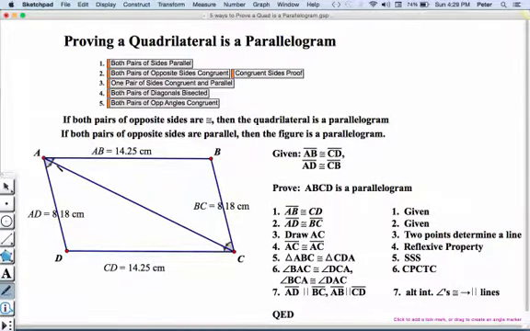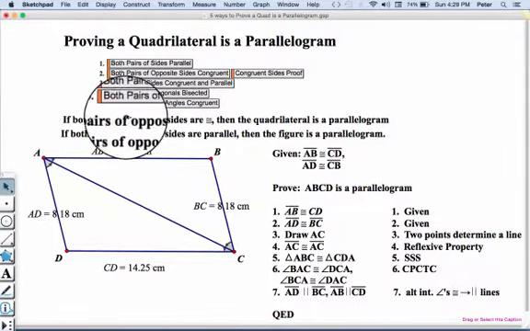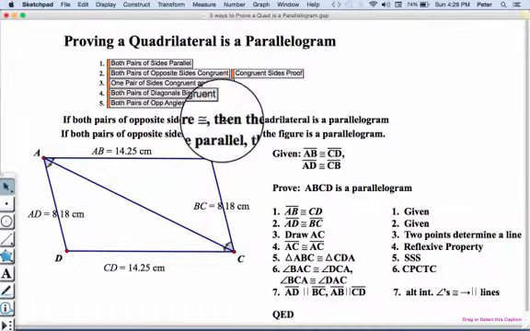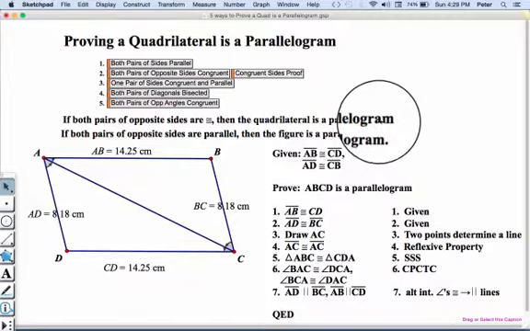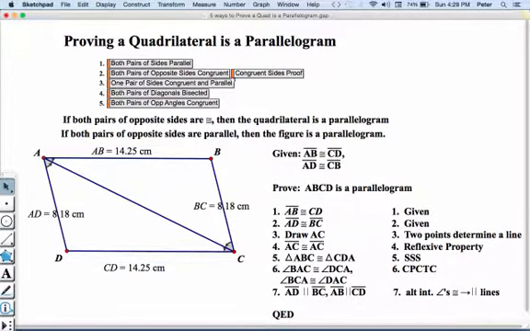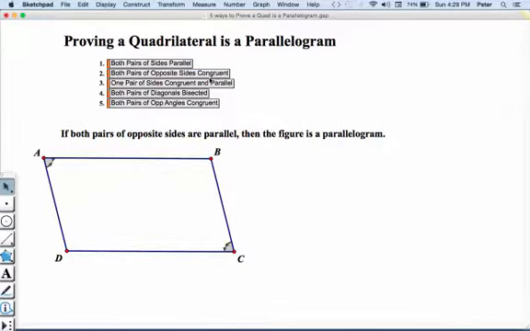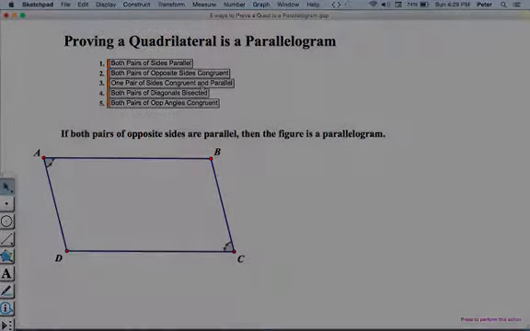And so the other pair of opposite sides, AD and BC, must also be parallel. So, given the information that both pairs of opposite sides were congruent, I was able to show that both pairs of opposite sides were parallel, so therefore the figure is a parallelogram. Okay, let's quickly take a look at the next way of proving that a figure is a parallelogram.